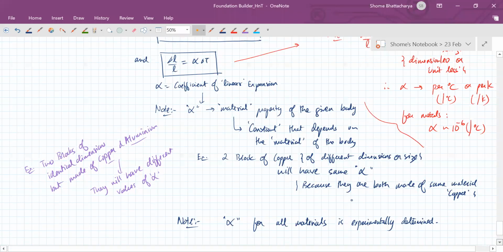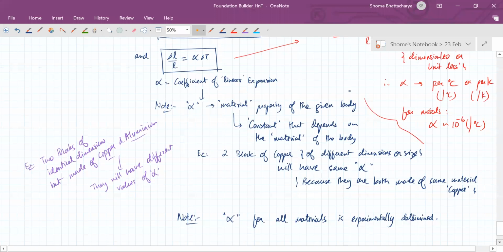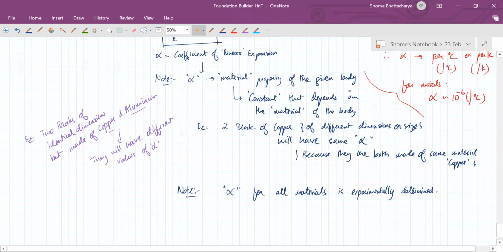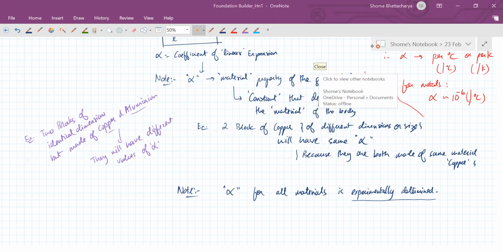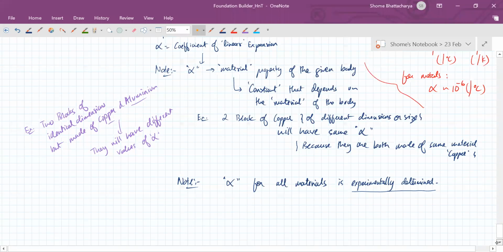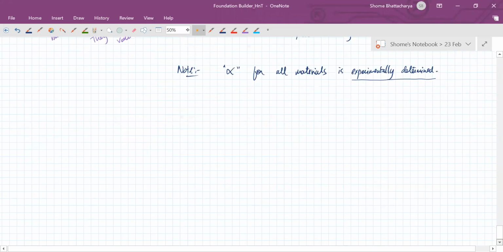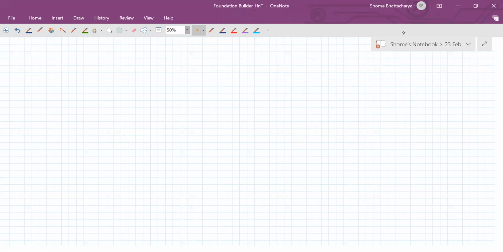So, for example, even on the internet, if you search for alpha for steel or the coefficient of thermal expansion for aluminum, you will get a particular value from various sources. That value has come from some experimental analysis, and it is published in journals or in engineering manuals, as I told you. Anyway, at our level we don't need to worry about that. The value of alpha will be given in a question when we're doing calculations. So let's look at a typical example question.